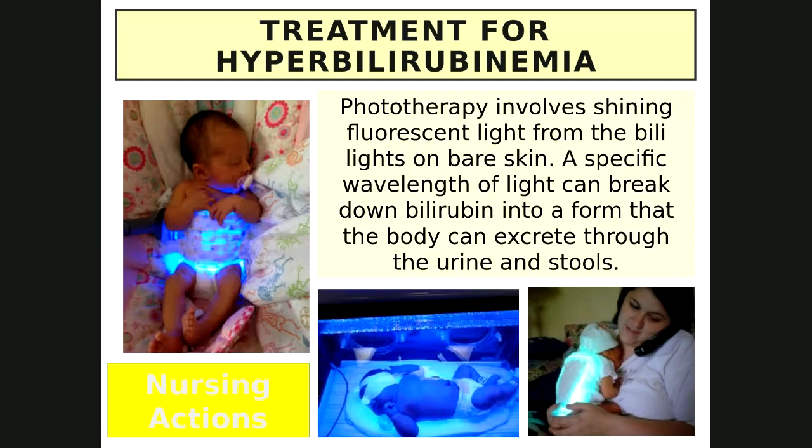Okay, so our treatment is going to be phototherapy, which involves shining fluorescent light from the Billy lights on bare skin. It's a specific wavelength of light. This wavelength of light is going to help break down the bilirubin into a form that the body can excrete through the urine and the stool. It breaks it down so it can be excreted more easily.